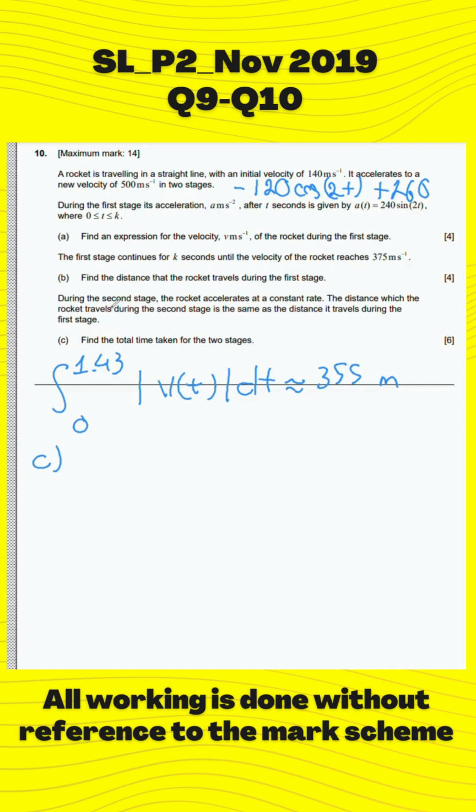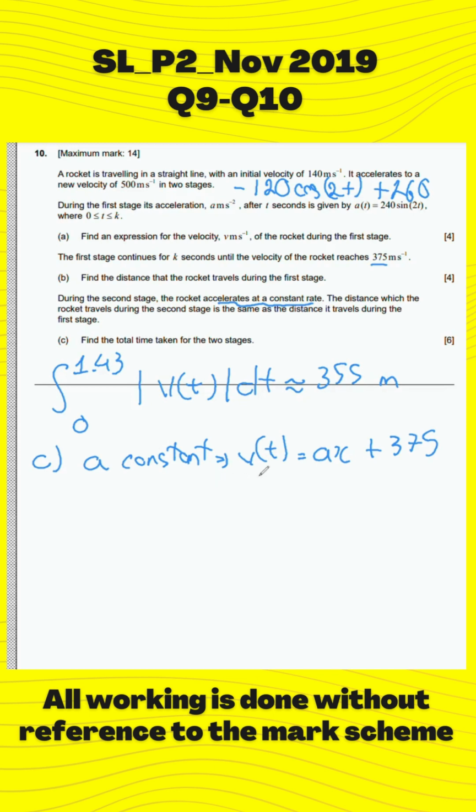Okay, part C, the second stage. With constant acceleration, find the total time taken for the stage, given that the distance traveled in the second stage will equal the first one. Okay, so the acceleration is constant. So the velocity will have this form: at plus 375, because the initial velocity of the second stage will be 375.